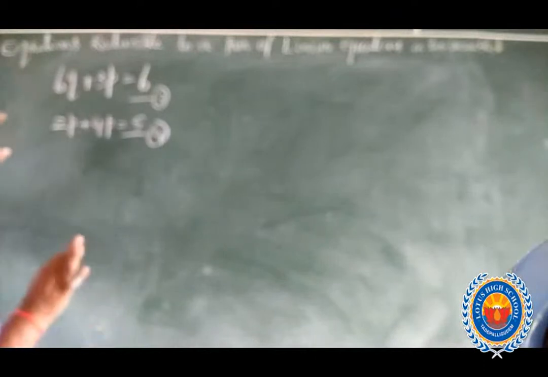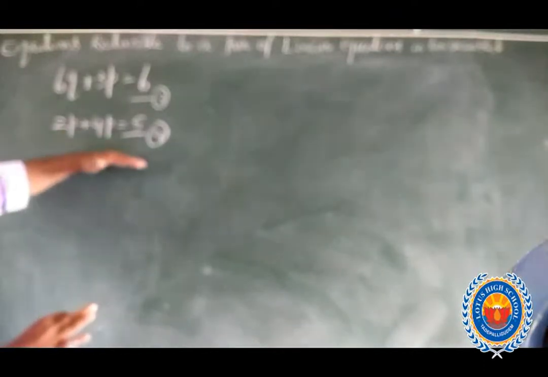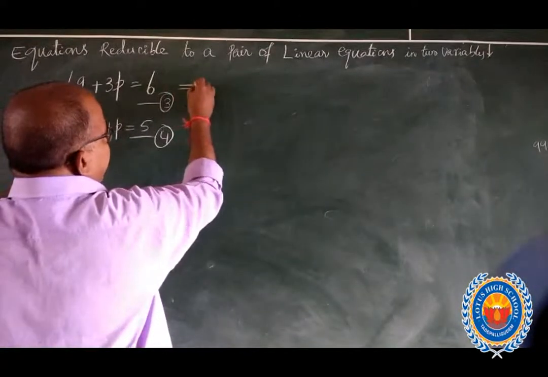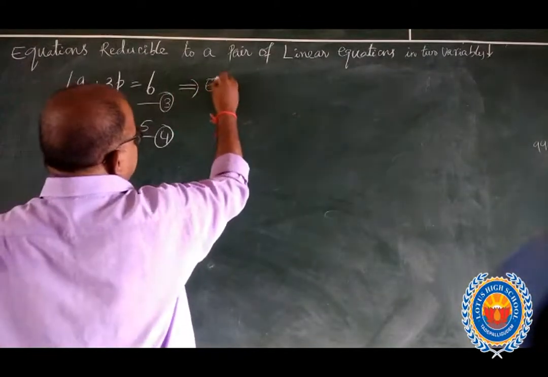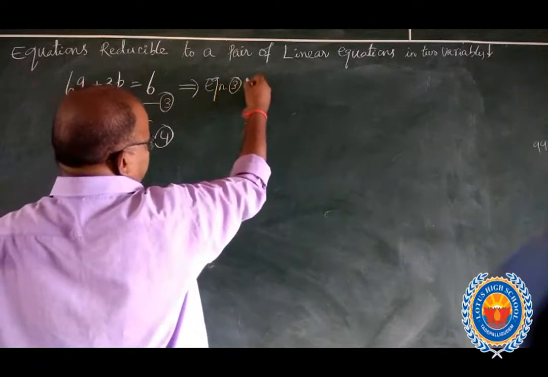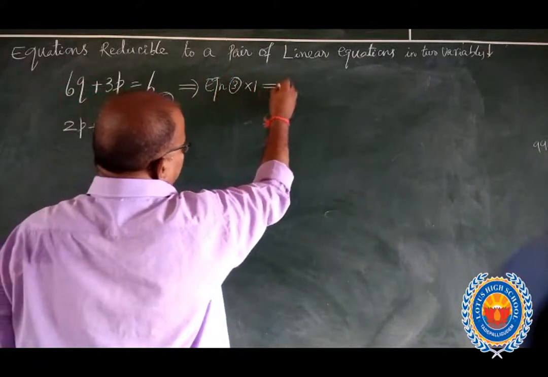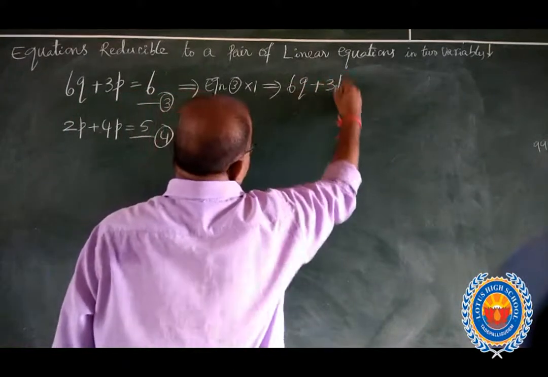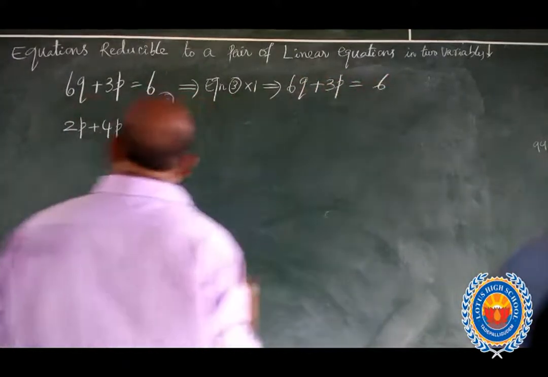That's why I am multiplying equation 4 by 3. Equation 3, you can write multiplied by 1 if you want, otherwise write it directly: 6q plus 3p is equal to 6.